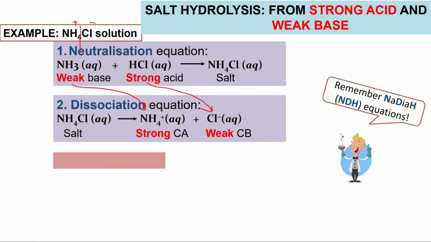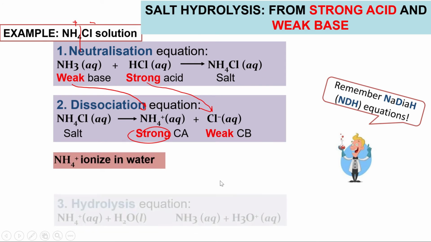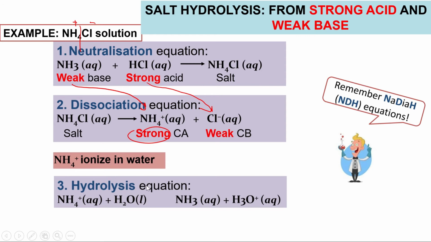Yes, of course, the strong one. So for this salt, we are going to choose NH4+. NH4+ will ionize in water. Now you need to write down the correct hydrolysis equation. Since NH4+ is a conjugate acid, it is going to lose its proton forming NH3.